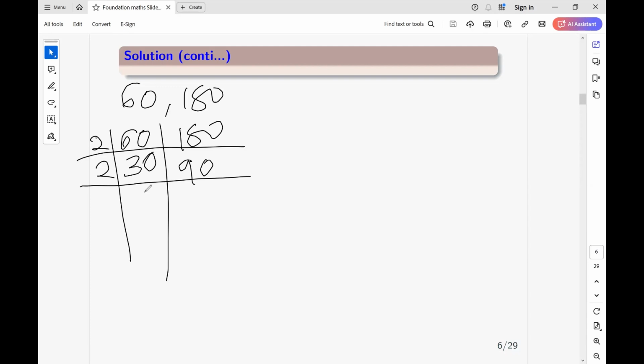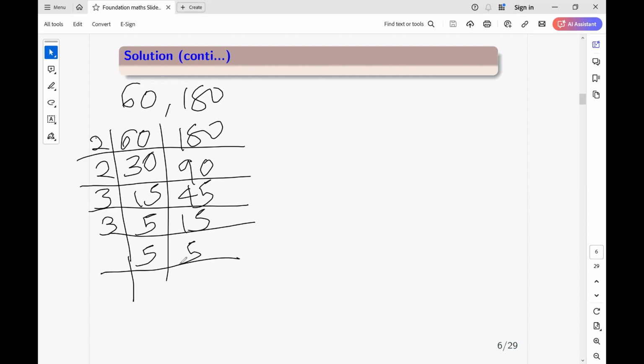Then we have 2, 15, 45, then 3, 5, 15, and then 3. Here we just drop the 5, and here we still have the 5, and then 5, 1, 1. So we take 2 squared times 3 squared times 5. This is for the LCM, and the answer is 180.